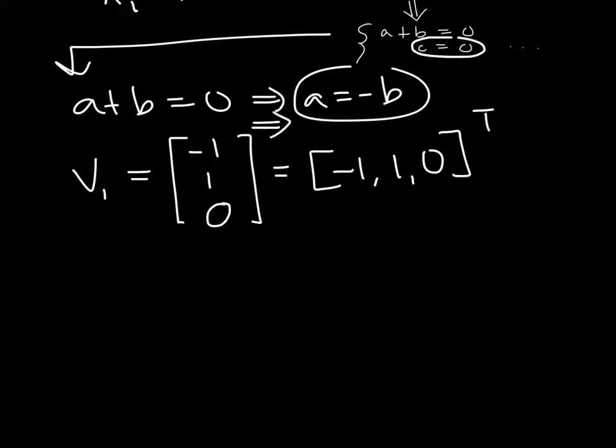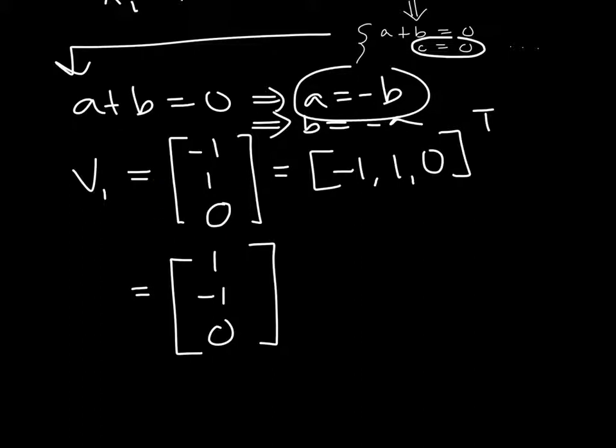Now, just because everybody thinks differently, that's fine. If you wanted to solve for B, then obviously you would get negative A. So another eigenvector that would be exactly the same would be, well, C is still 0, and B is equal to negative A. So if A is 1, then B would be negative 1. Now, I hope that you guys see that these are exactly the same.